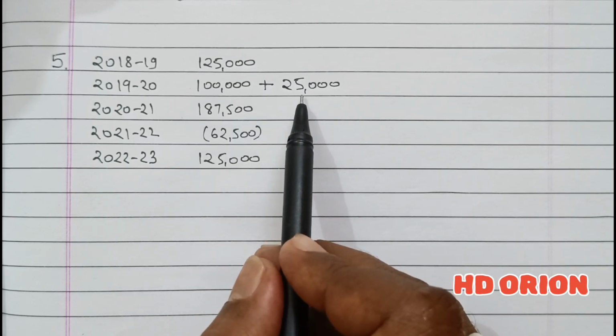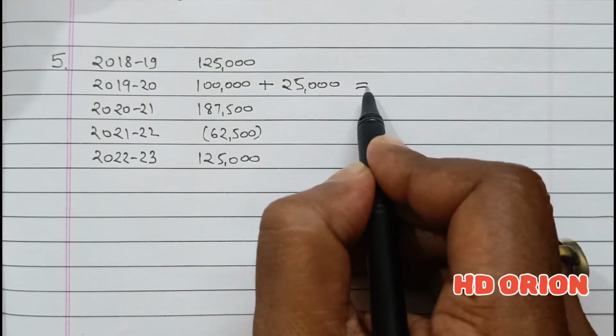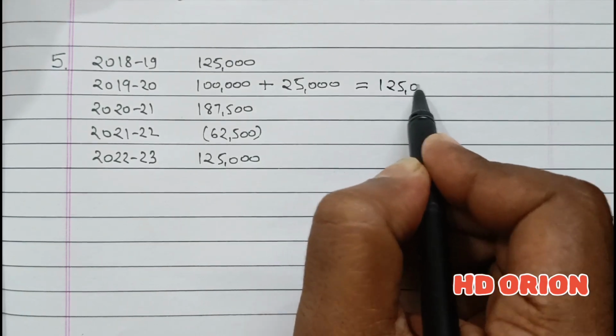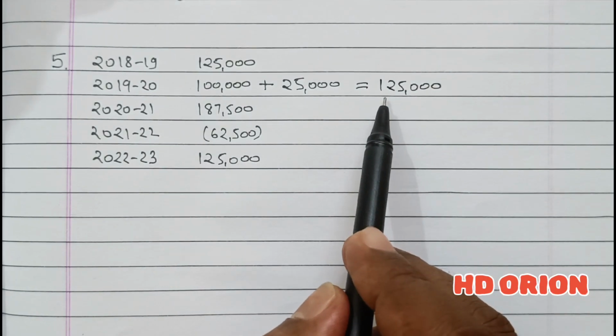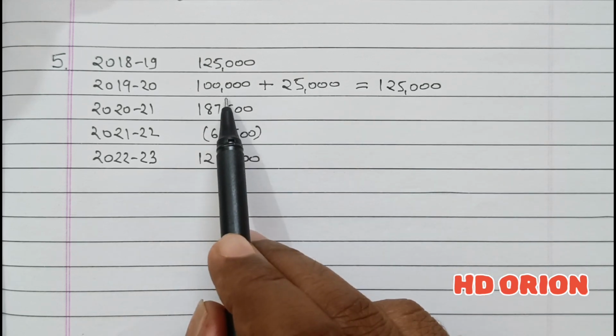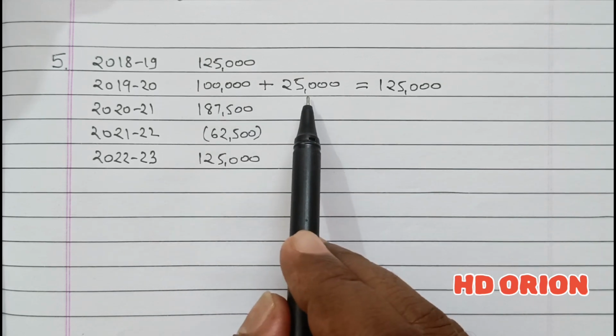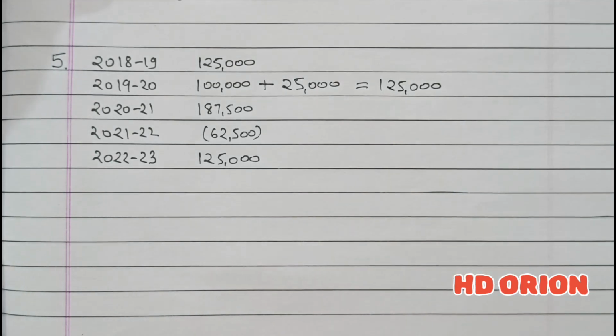Had this abnormal loss not been there, the profit would have been rupees 1,25,000. So in this particular year, our profit will be taken as 1,25,000, not as rupees 1 lakh, because there was an abnormal loss in this particular year. So based on this, we will calculate the average profit of 5 years.